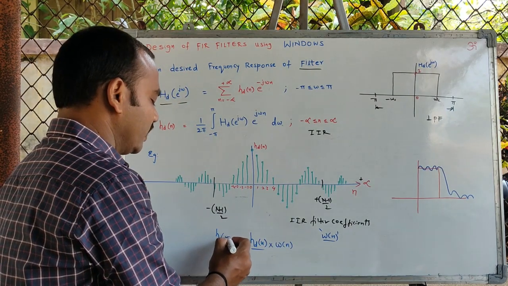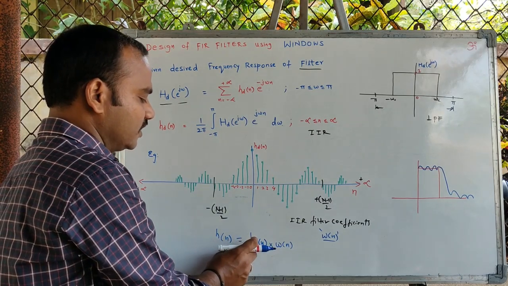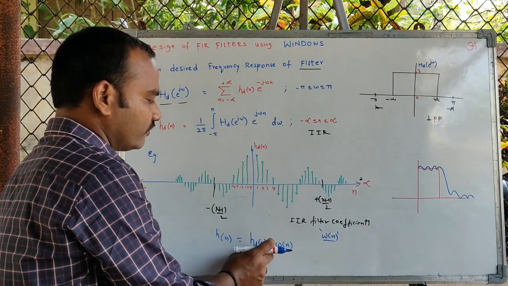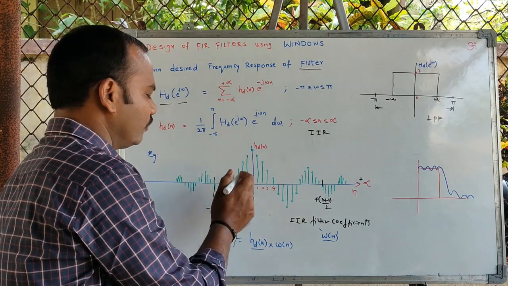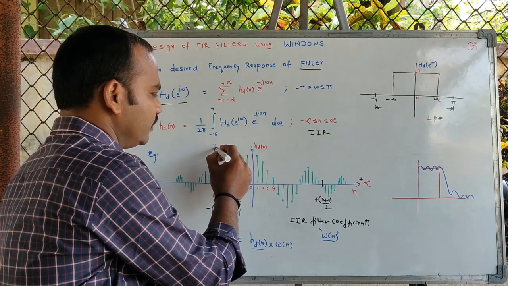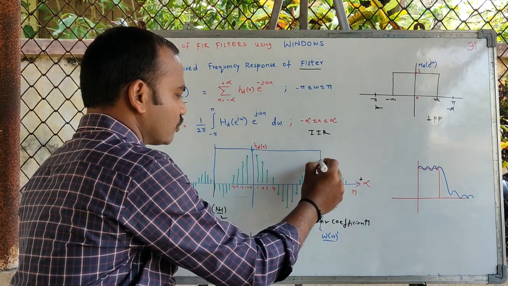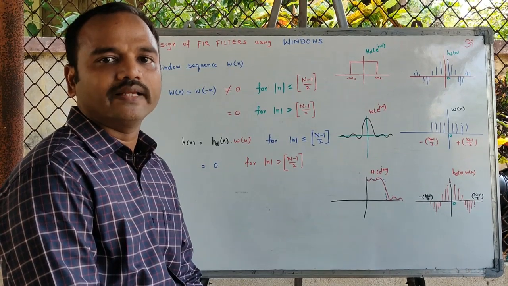Then we get h of n, that is, h of n is equal to hd of n, the infinitely extending filter coefficients, multiplied by a finite duration sequence W of n, the window sequence.